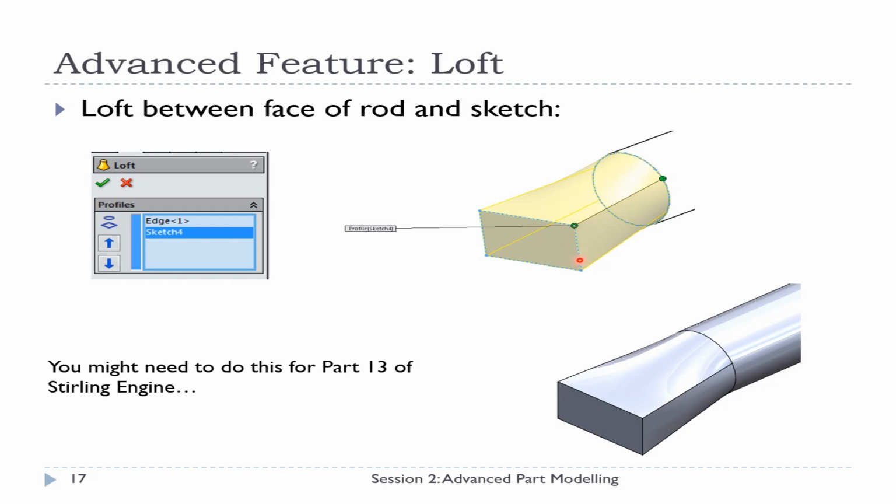Something to be careful here, as you see, at each profile, you would have at least one control point. So these control points are going to be defining or controlling how your profiles can be blended.